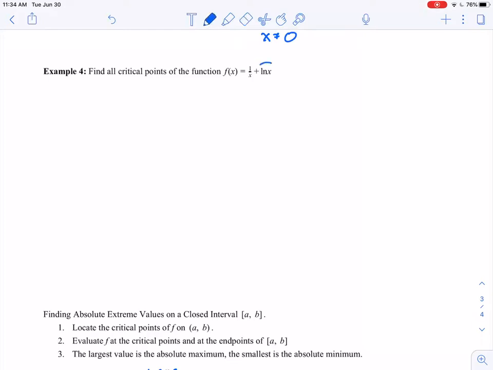The other part, natural log of x, is perhaps an even bigger problem, because the domain of natural log of x is 0 to +infinity. We can only take natural log of positive numbers. So it's actually not going to be that big of a problem, because this is the domain just for natural log of x.